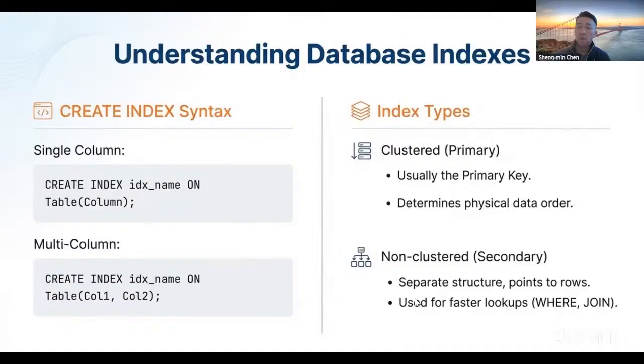Separately, your primary key by default is already made an index when you make it a primary key. However, the type of index is called clustered. This clustered index only applies to primary keys.